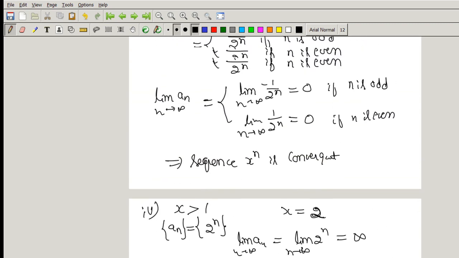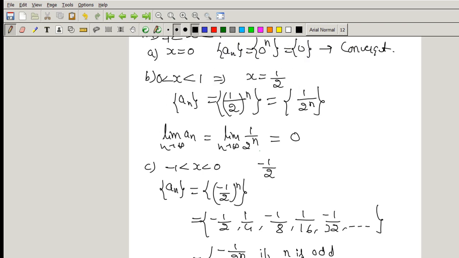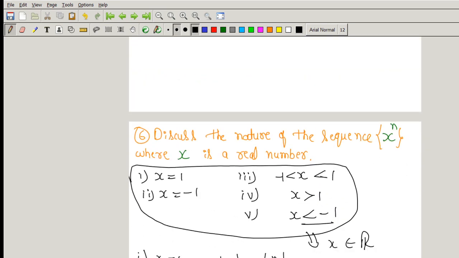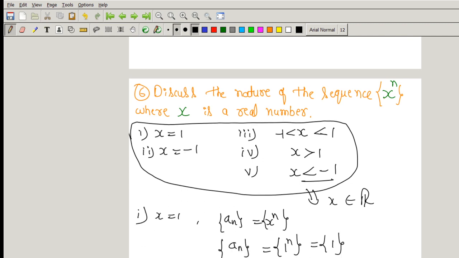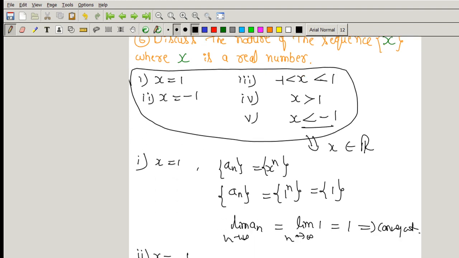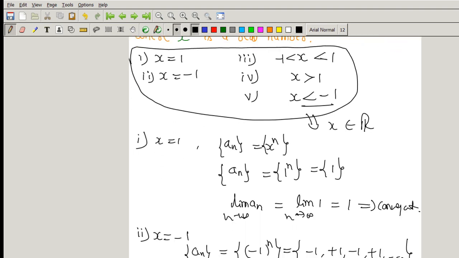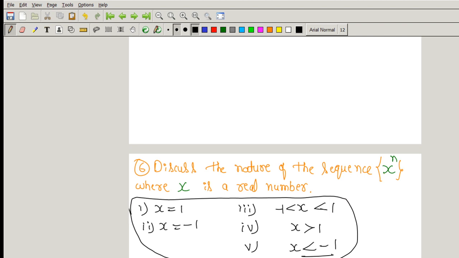Therefore, if any question in examinations asks us to discuss the nature of the sequence x power n, we just check these 5 cases. We are checking every real number. When x is equal to 1, the sequence is convergent.